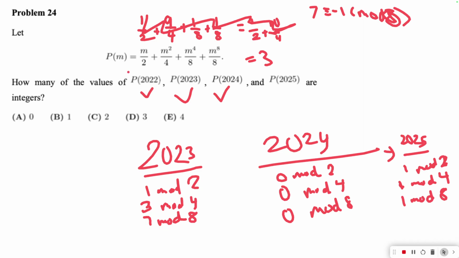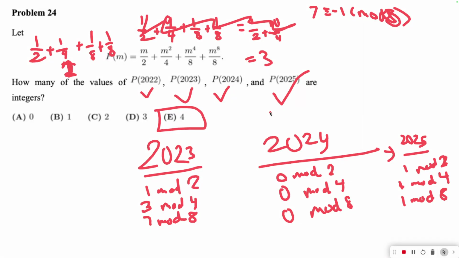So if we plug those in, we get 1/2 plus 1/4 plus 1/8 plus 1/8. 1/8 plus 1/8 is 1/4. 1/4 plus 1/4 is 1/2, and 1/2 plus 1/2 is 1. It's 1, and 1 is an integer. Also an integer. All 4 of these are integers, so the answer would be 4.